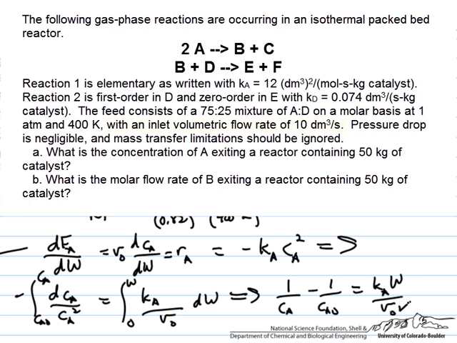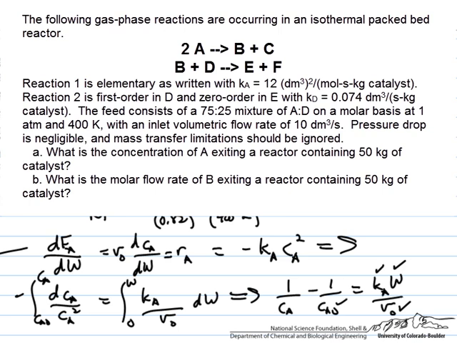The volumetric flow rate is 10 decimeters cubed per second. Catalyst mass is given as 50 kilograms of catalyst. We're given a value for KA in the problem statement in terms of decimeters cubed per mole, second, and kilogram of catalyst, so again, no need for unit conversions. And we have determined that CA naught in this problem is 0.023 moles per decimeter cubed in an earlier step.